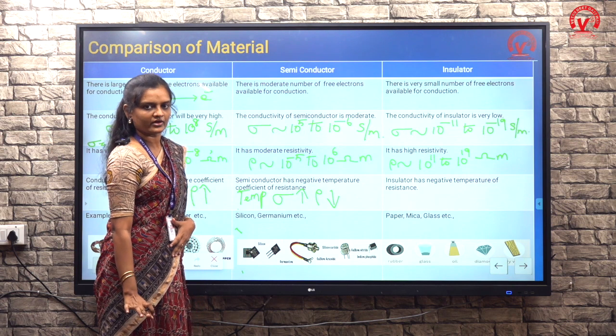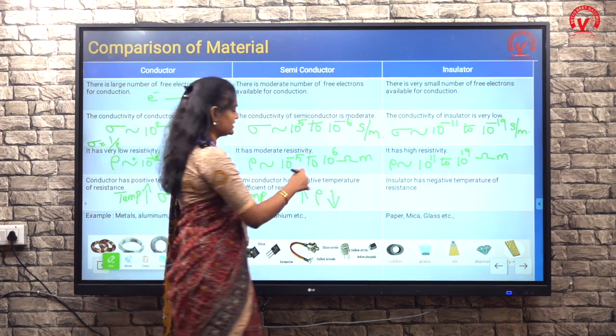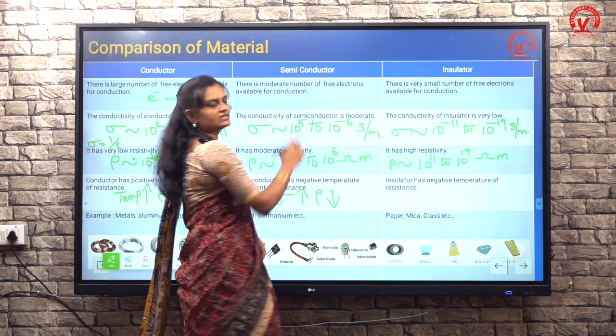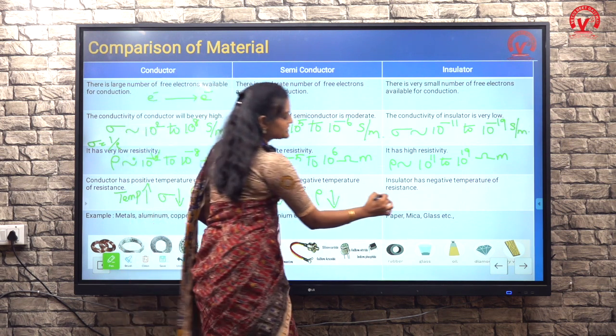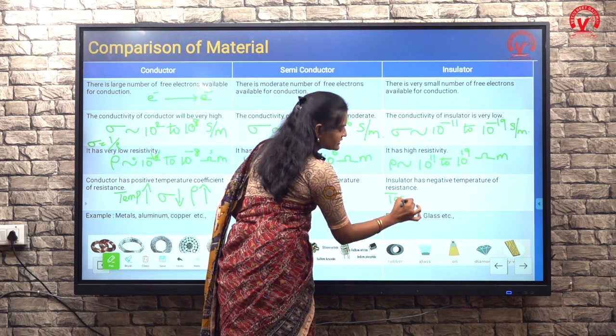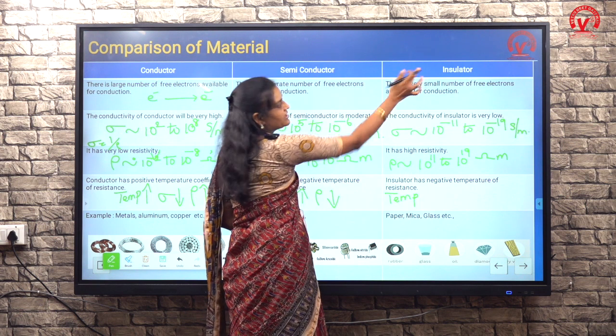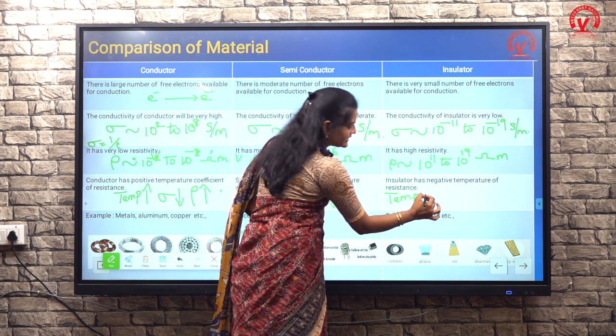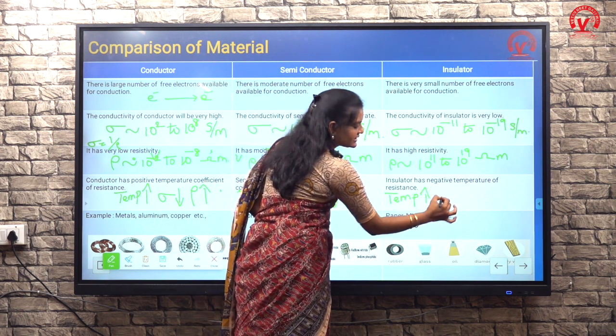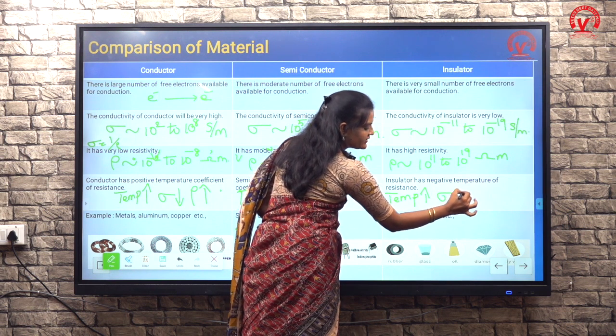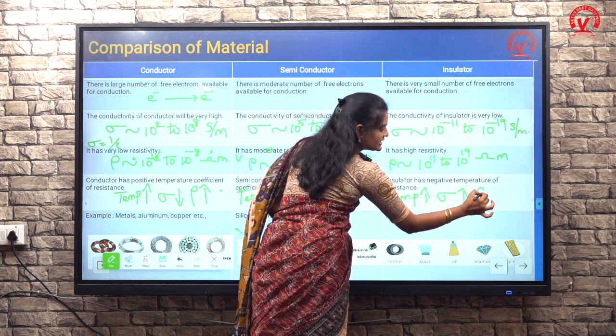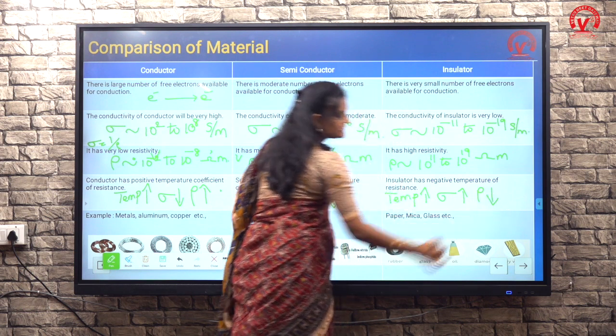It is the same as that of the semiconductor. When the temperature is increased for the insulating material, the electrical conductivity increases and the resistivity decreases.